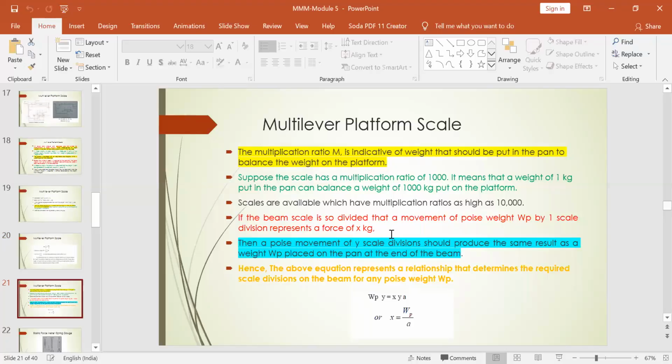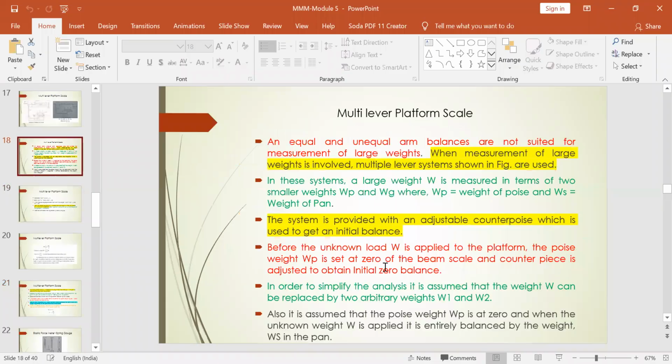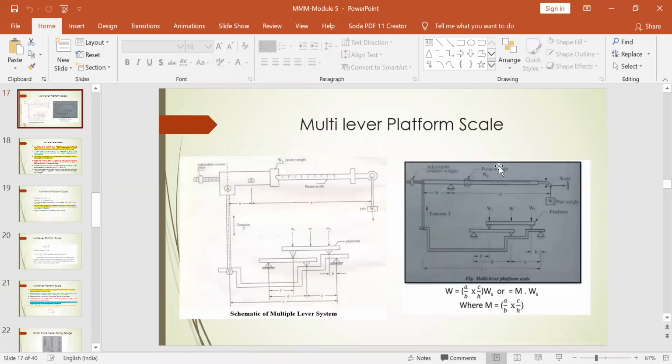Every scale tells you the reading with respect to the force applied on the arm in terms of kg. So this is the movement along the y-axis. Similar movement along the x-axis will also be shown. So here you have a poise scale. This movement will show the variation in the x-axis.